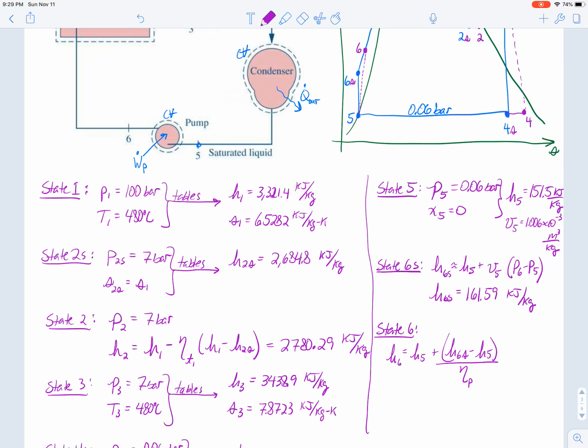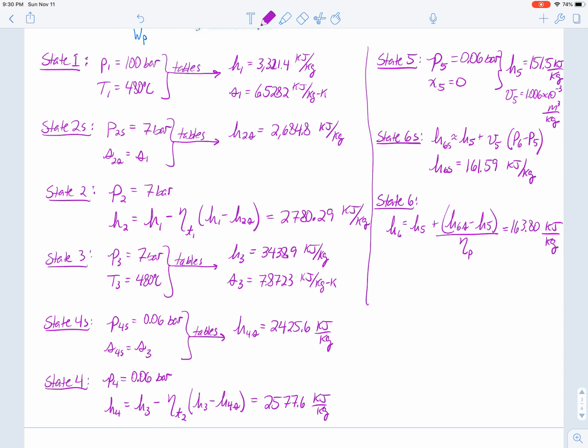We have to put more work into a pump to overcome the friction and heat transfer and other irreversibilities. For this problem, the pump efficiency was given as 82%, and so plugging and chugging, we get 163.8 kilojoules per kilogram. Okay, now at this point I have state data for all 6 states. I have enthalpies for all states as well. So I'm in a good position now to calculate the performance of the cycle.